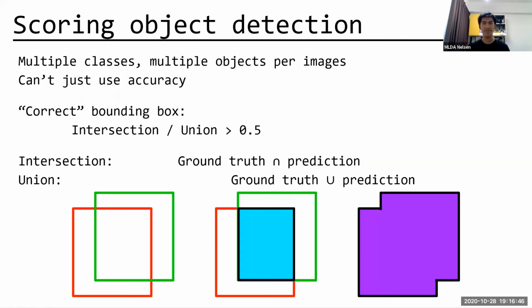So moving on, we have scoring for object detection. Let's say we have a model, right? How can we know whether our model is actually performing well or not? Well, we need to see whether the object detected from the model is actually near to the bounding box.